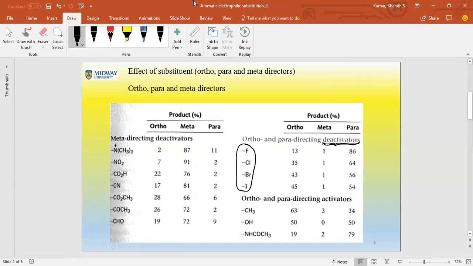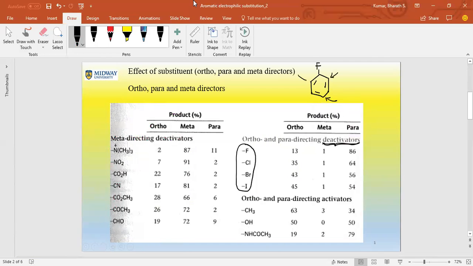Say if your molecule is this, okay? If you have added this as an electrophile, then any other incoming electrophile, as we will see, will only go to the ortho or para positions.